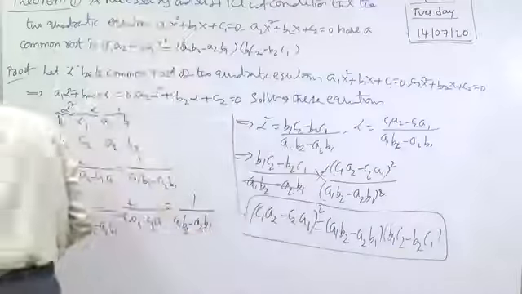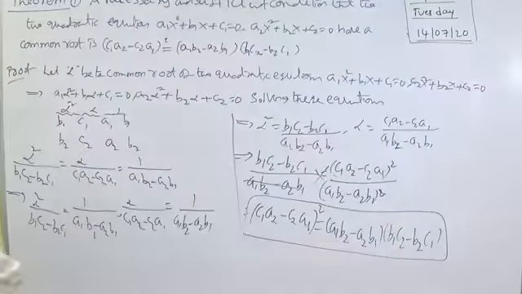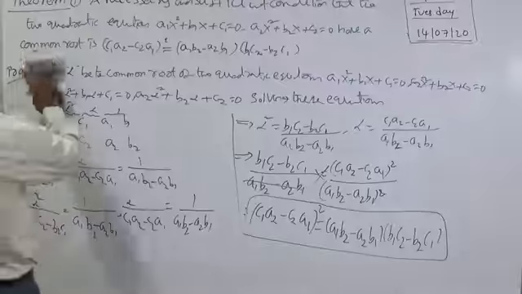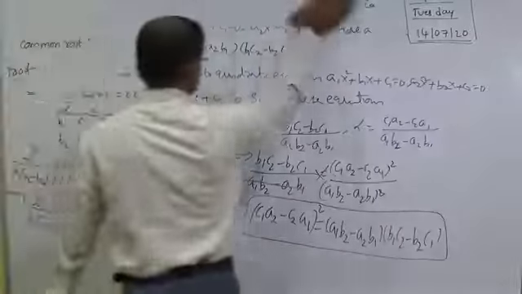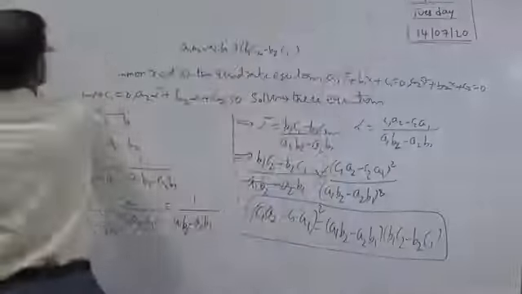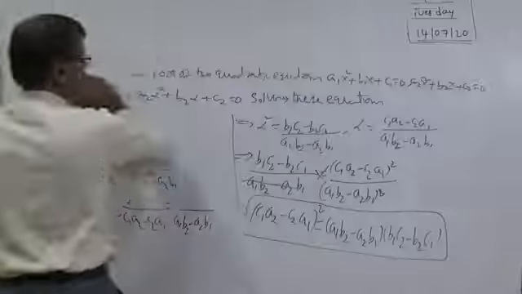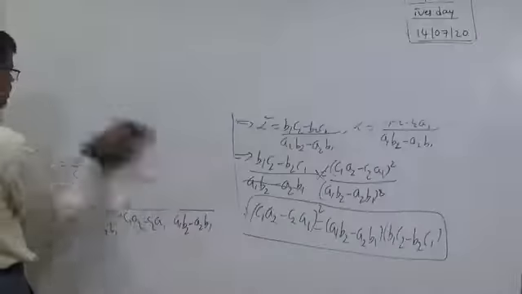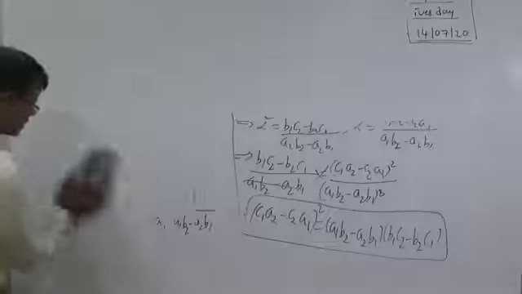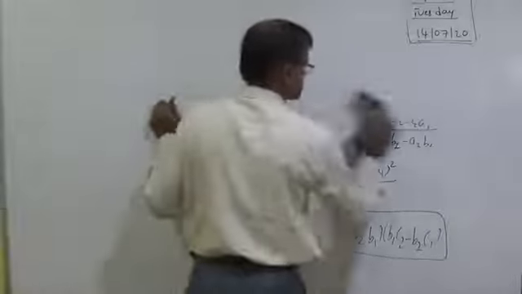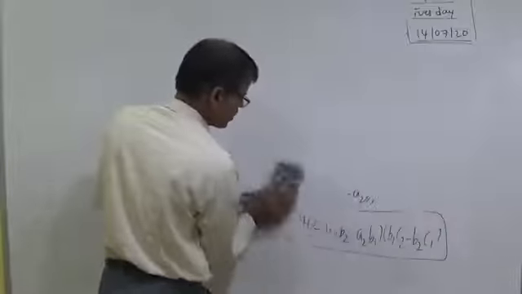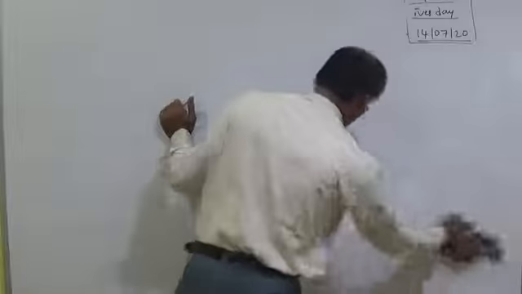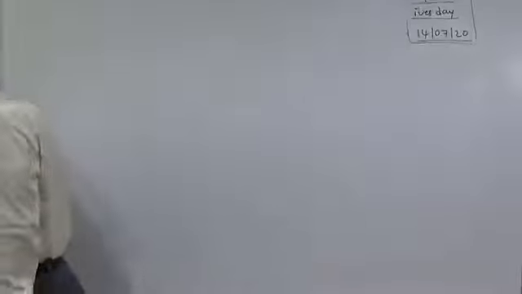Okay, let us discuss the next case with an example on page number 71, based on the common root concept. Common root is different from identical equations. In earlier classes I said that if two quadratic equations are identical, then a1 by a2 equals b1 by b2 equals c1 by c2.